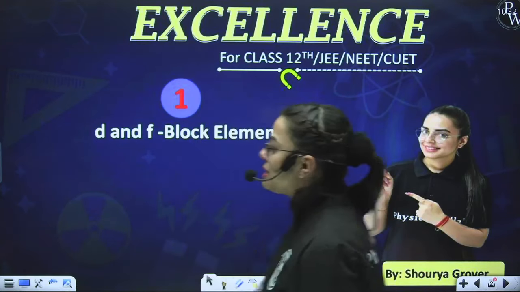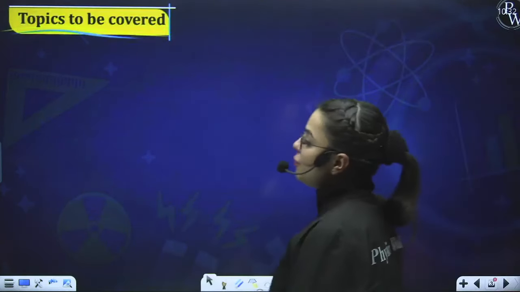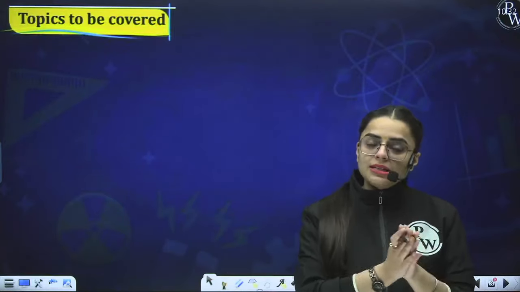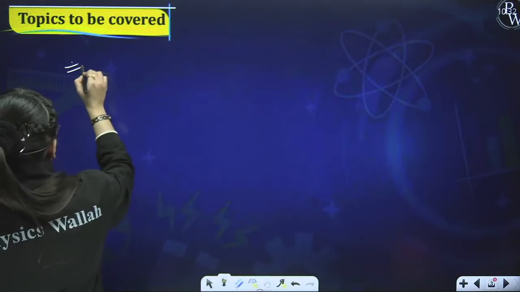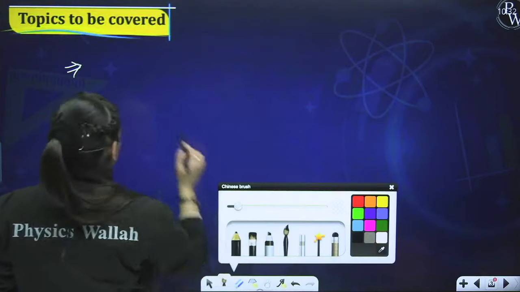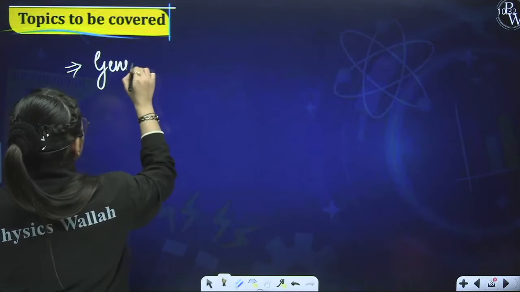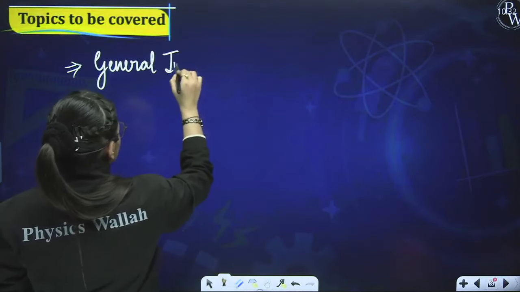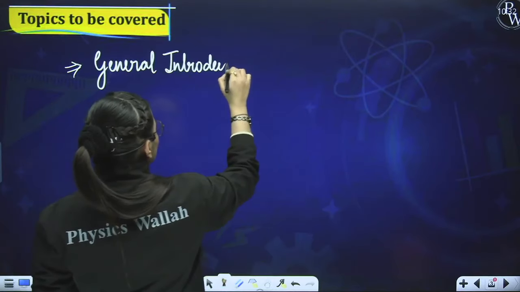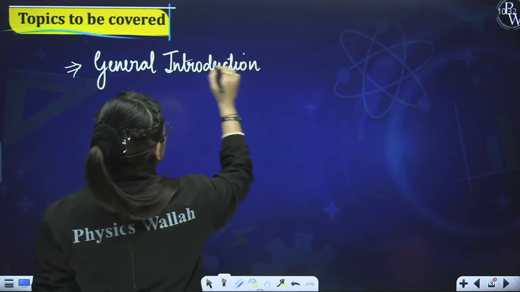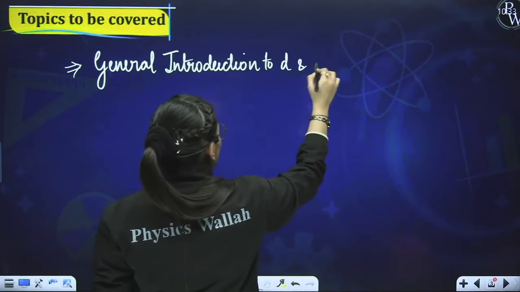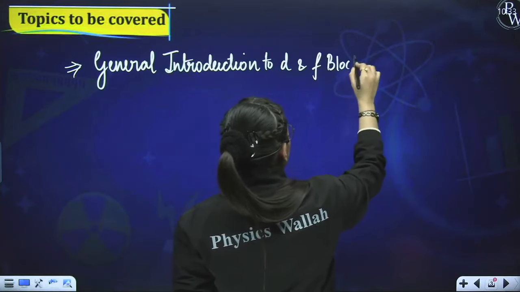So yes, my dear students, as the chapter name D and F block elements says, we are going to focus first on the D block elements, then we shall proceed towards the F block elements. Is it clear? Today's topic in this session is the D block elements. First, we are going to do the general introduction to D and F block elements.